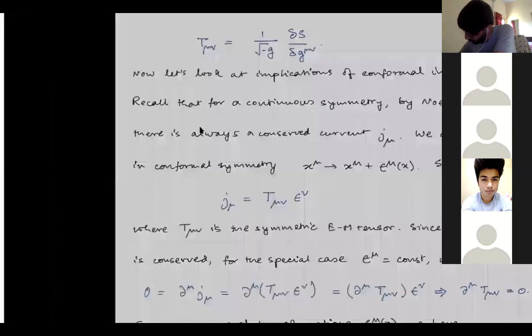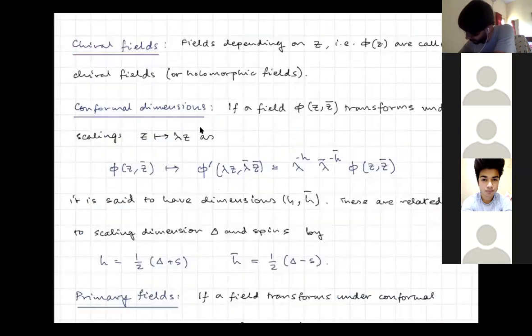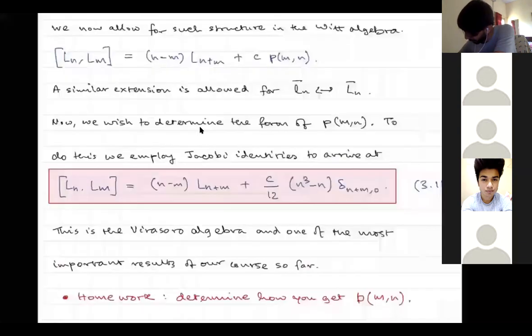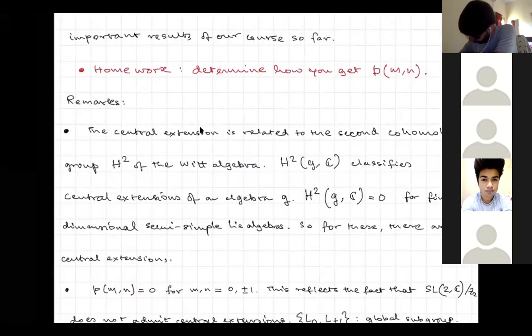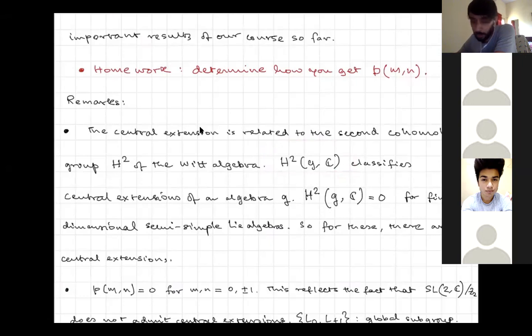The floor is yours if you know how to do this. If you can come up with an analysis of these H2s of G, that would be nice.